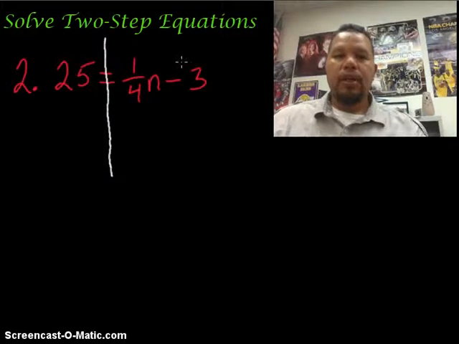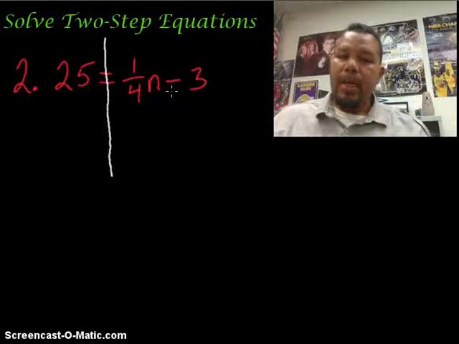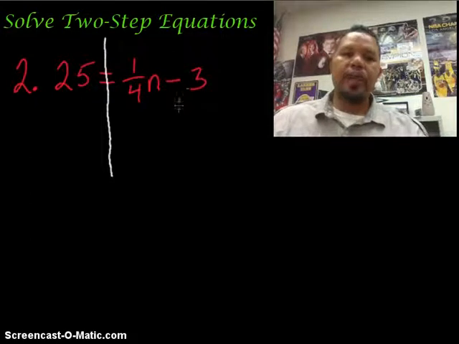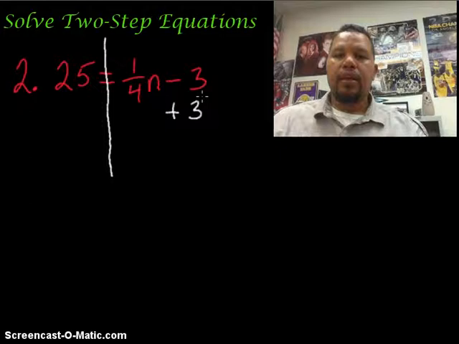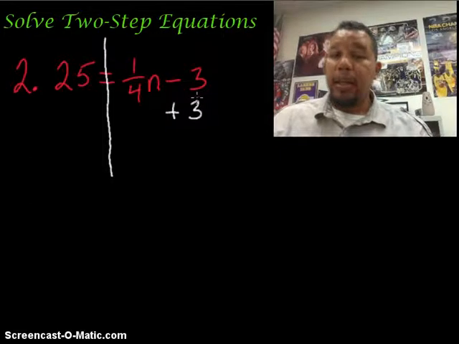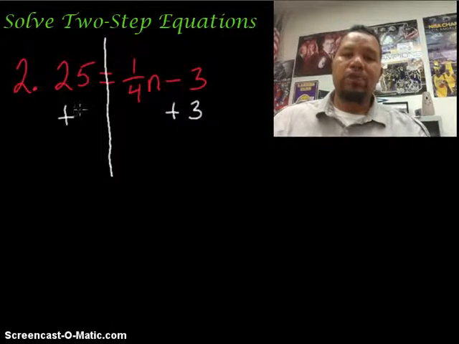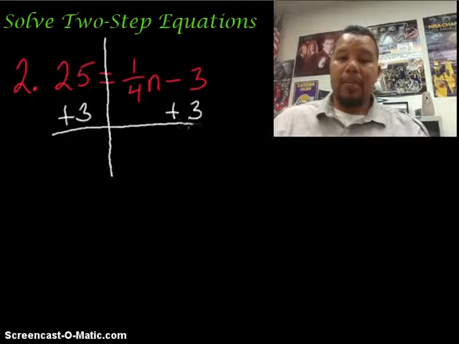So first I'm going to cancel or get rid of the term that doesn't have the n, so that is this minus 3. The opposite, or the inverse, of subtracting 3 is to add 3. So I'm going to add 3 to this side. Now the property of equality states whatever I do to one side, so since I'm adding 3 on the right side, I have to add 3 to the left side to keep it balanced.